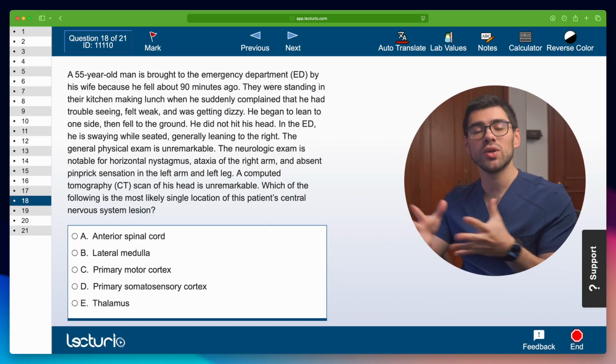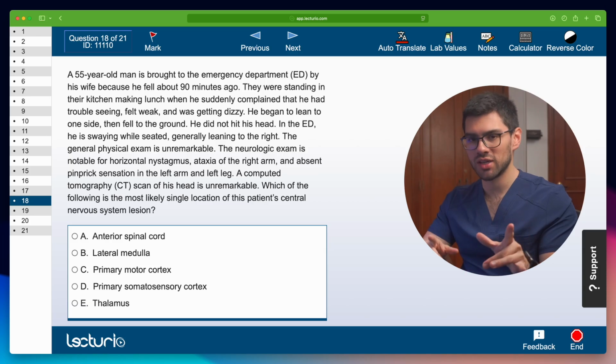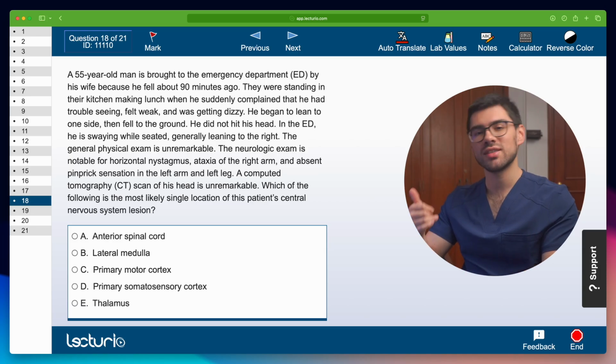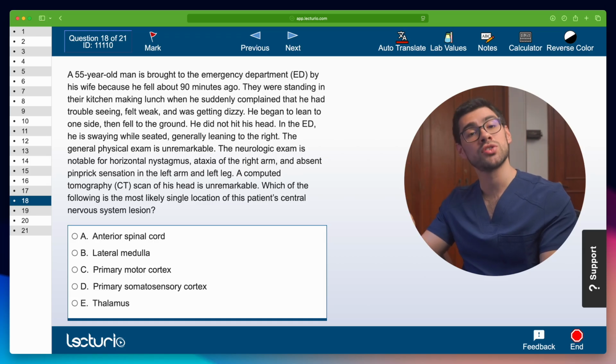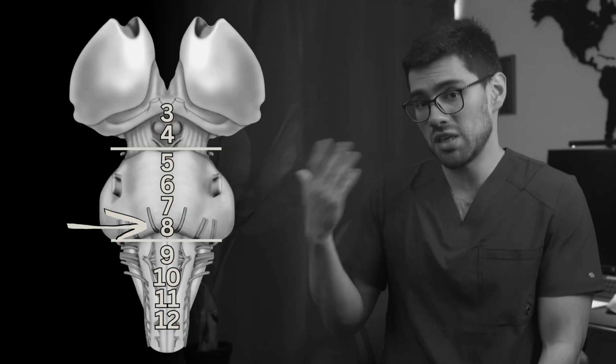Okay, so if you answered lateral medulla, you nailed it. Why? Well, ataxia plus Horner and pain and temperature loss is equal to lateral syndrome, right? And the horizontal nystagmus suggests a cranial nerve 8 involvement. Wait, but didn't you say that cranial nerve 8 is in the pons? Yes, but remember that I told you one exception to keep in mind earlier? Keep in mind that cranial nerve 8 is not only involved in pontine syndromes, as the image shows, but also in medullary syndromes.